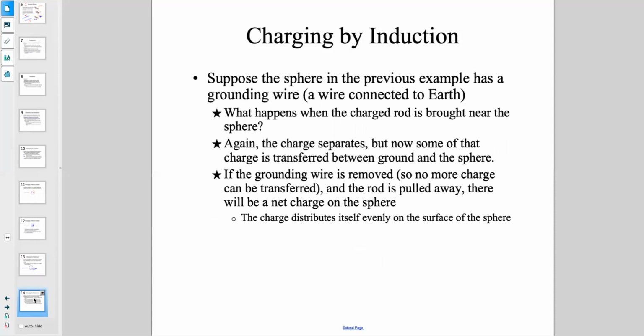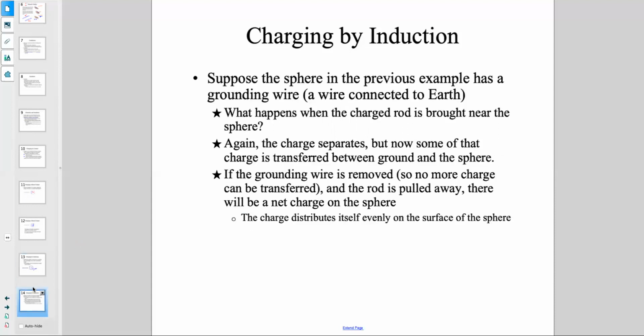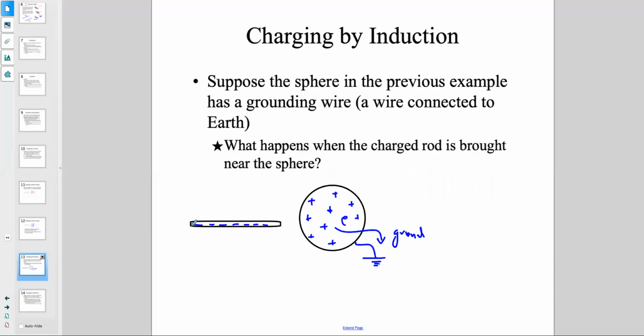So the charge will separate, but now some of that charge is transferred between ground and the sphere. If I remove the grounding wire at this point, and then pull the rod away, there will be a net charge left on the sphere. So I have a negative charge here and a distribution of positive charge right here, because the freely moving electrons are going to the ground.